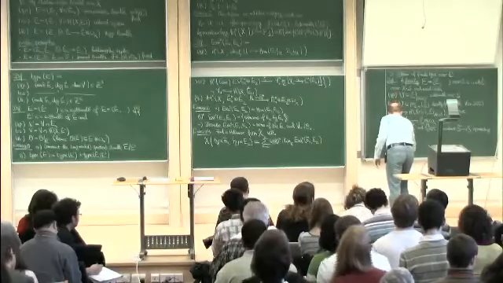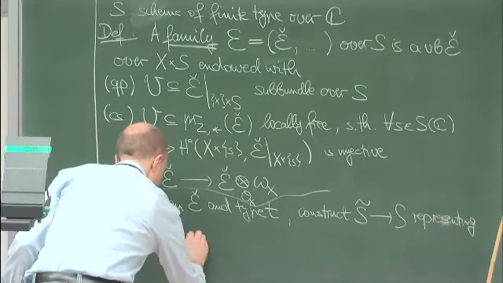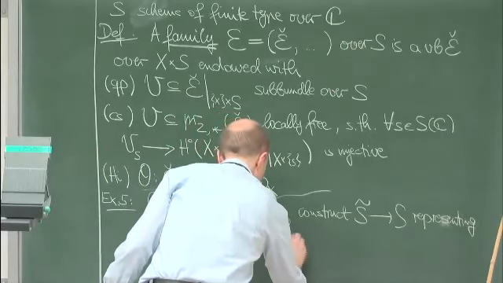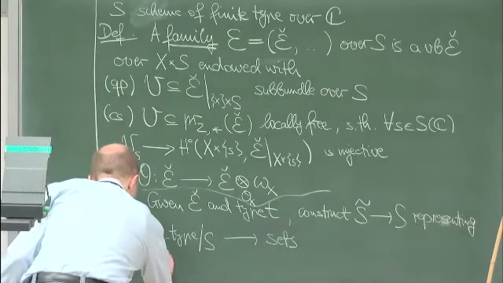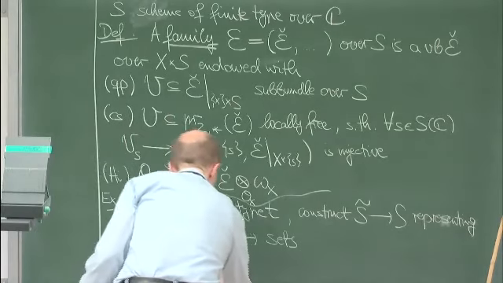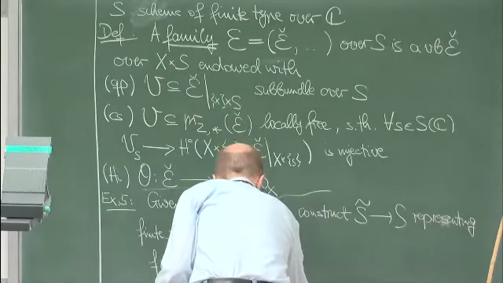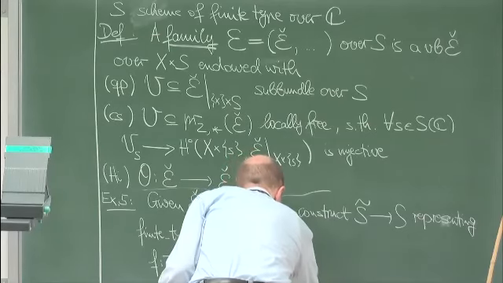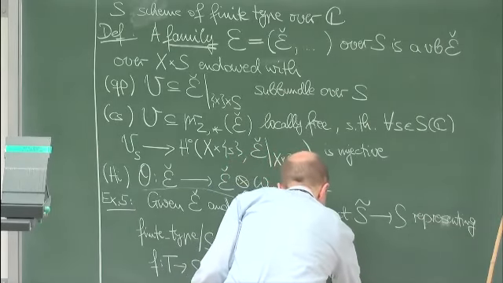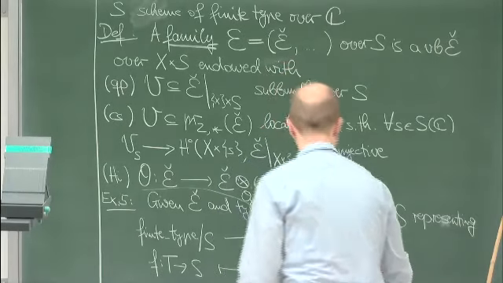This is a functor from schemes of finite type over S to sets, and it sends every scheme of finite type T over S to the set of augmented structures on the pullback.